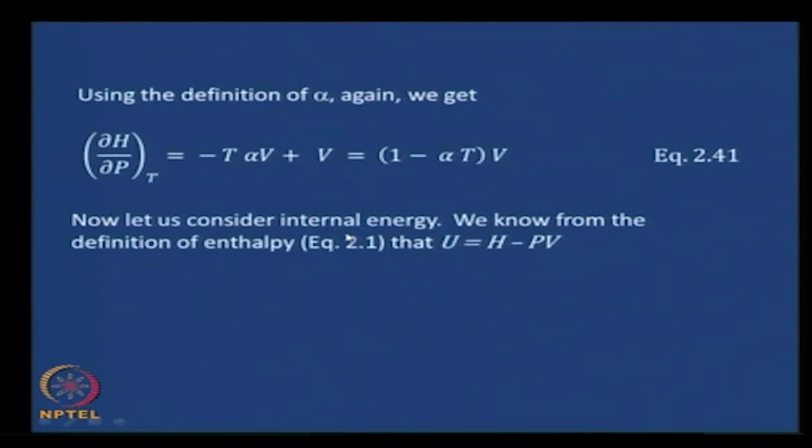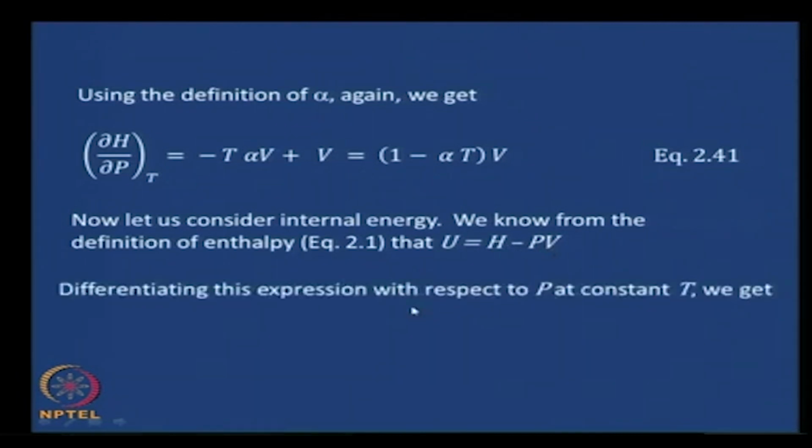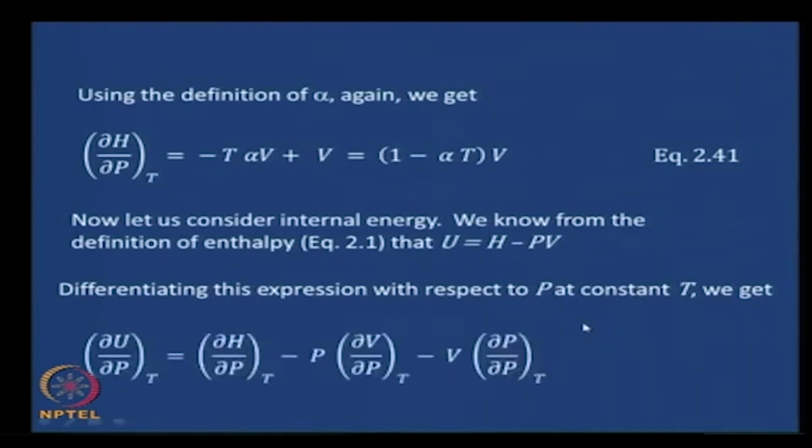Now, let us consider internal energy. We all know the definition of enthalpy, which is internal energy plus PV, so you can write U, internal energy, equals H, enthalpy, minus PV. And now, if you differentiate this expression with respect to P at constant T, note that we are looking for dou U dou P at constant T, and that is what we get by doing this.